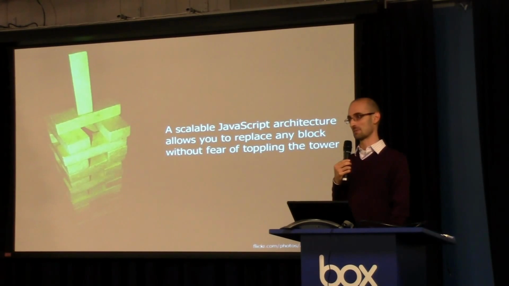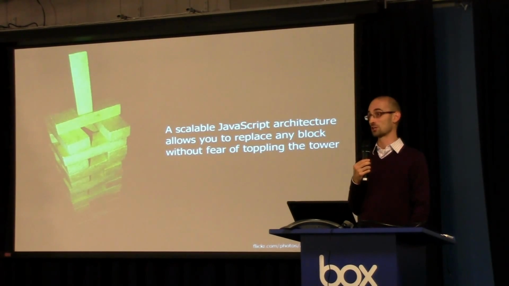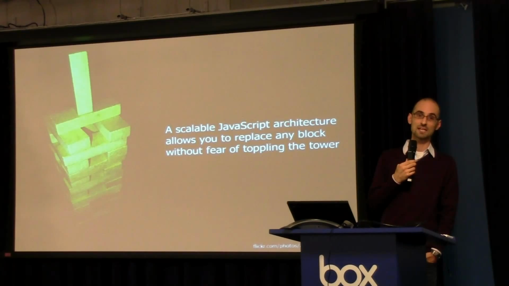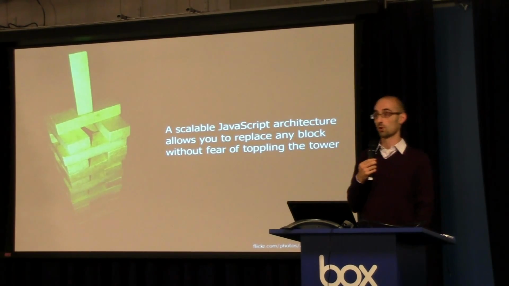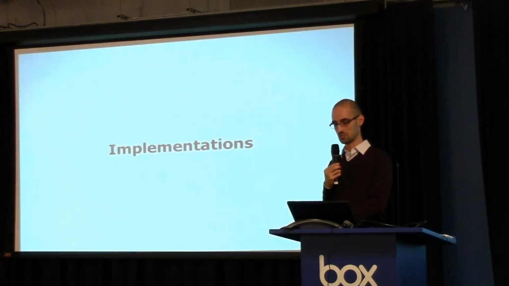Person A decided they had to make a fix, and that required changes in 10 other parts of the application. That's not scalable, and it's not a good use of people's time. So you want the ability to remove something and have everything else continue to work, or replace something and have everything else continue to work. And that's what this architecture does for you.